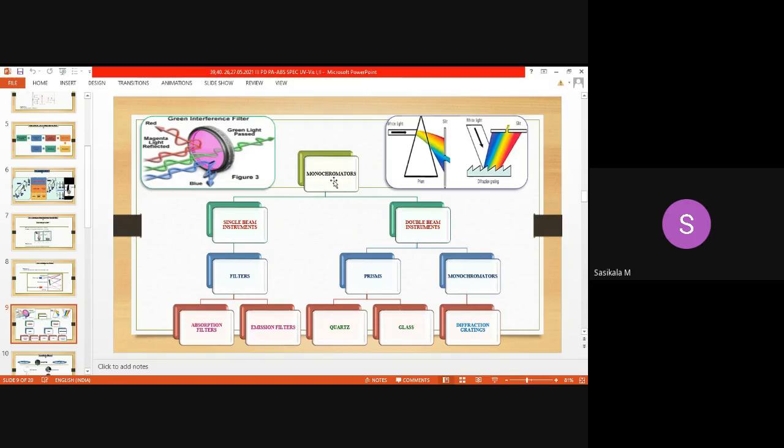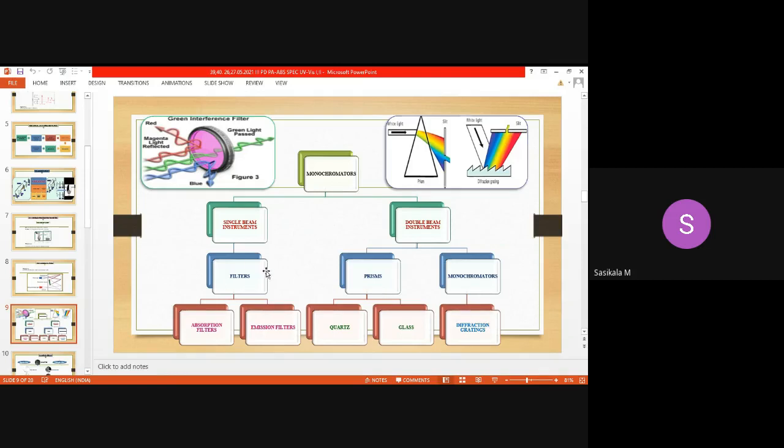What are the two categories based on single beam and double beam instruments? For single beam instruments, filter type monochromators are used. In double beam instruments, either prisms or monochromators are used. In double beam, compared with prisms, grating monochromators are mostly preferred, which follow the diffraction principle.